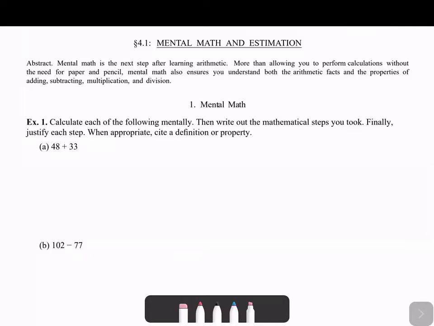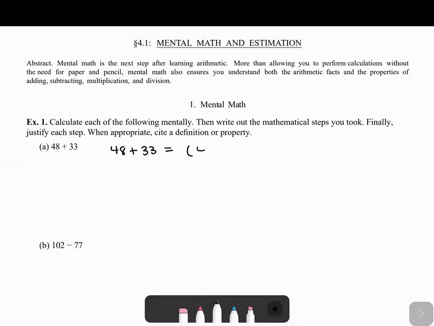Okay, so this first one is 48 plus 33. The strategy we are going to use here is compensation. It's essentially just using more compatible numbers. Instead of adding 48 and 33, we can see that 48 is really close to 50, and 50 is a lot easier to work with.